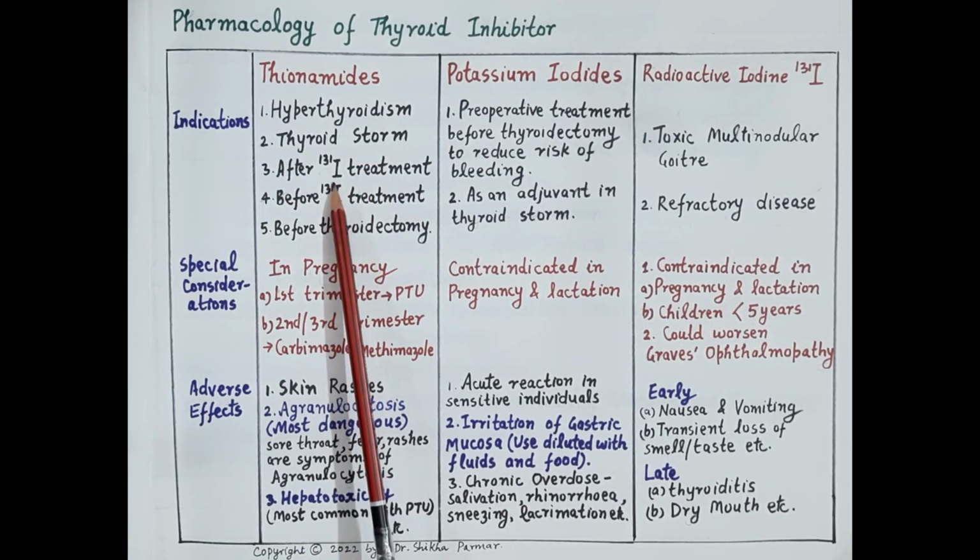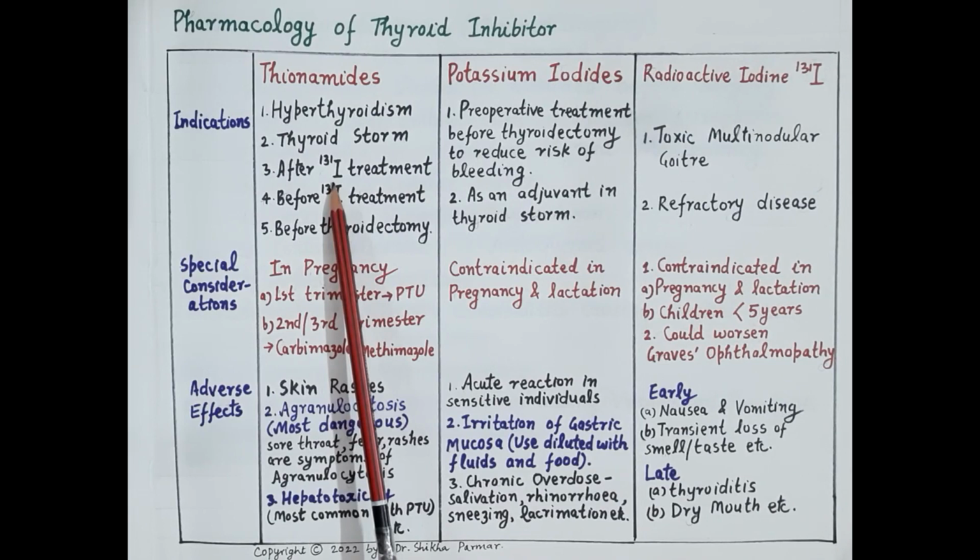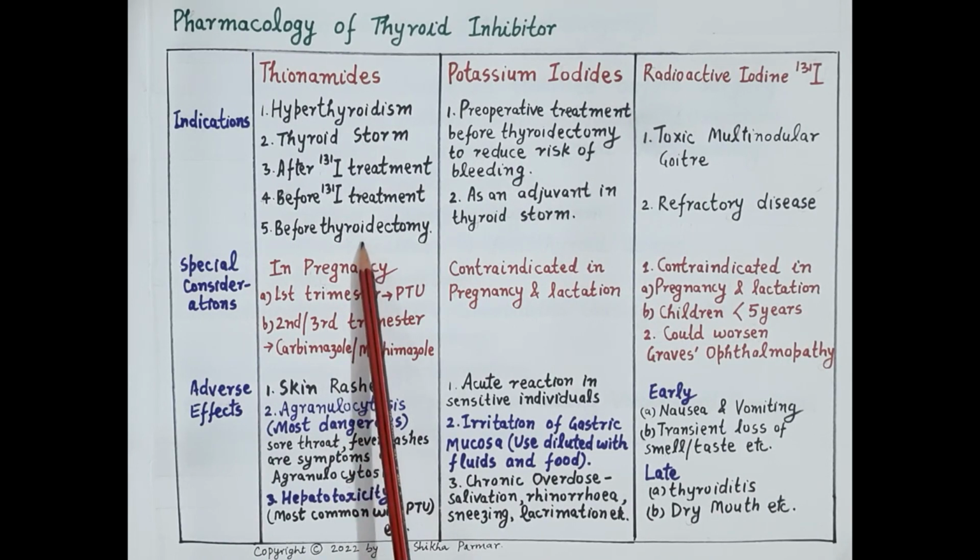Then thionamides are also used after radioactive iodine treatment, and these drugs are also used before iodine 131 treatment and also preoperatively before thyroidectomy to normalize T3 and T4 levels, because iodine 131 treatment and surgical removal of thyroid gland is performed only when the patient has attained euthyroidism.